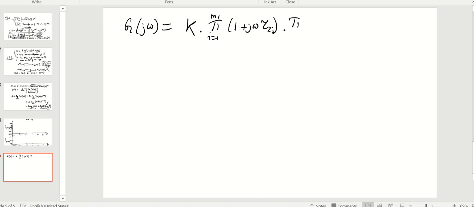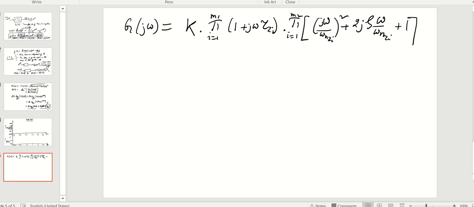times the product for i equal to 1 to m2 of ((j omega over omega n zi) squared plus 2j zeta omega over omega n zi plus 1).